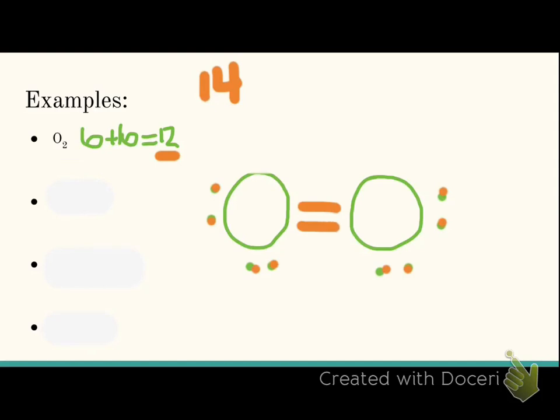Now let's go back and count again. 2, 4, 6, 8, 10, 12. And there I have my 12. So what you want to remember is you're not just erasing a lone pair from one of the elements. You erase a lone pair from the 2 elements that you plan on putting that double bond or that triple bond between.